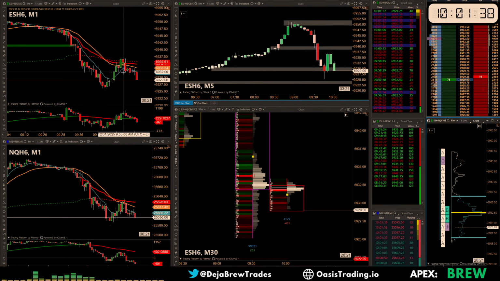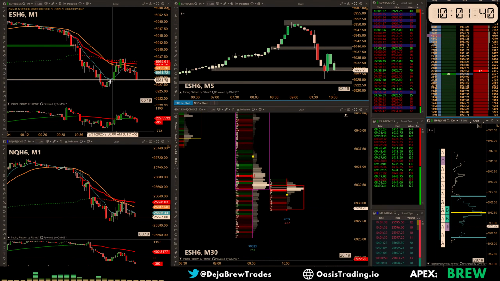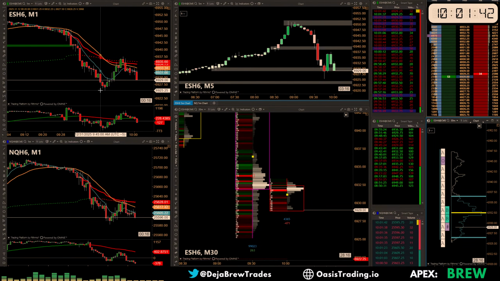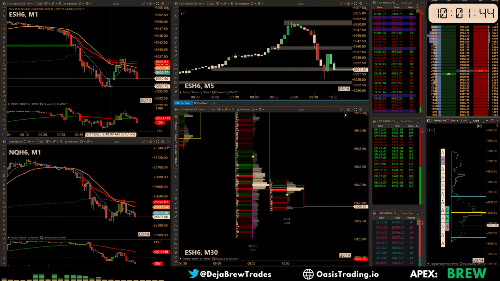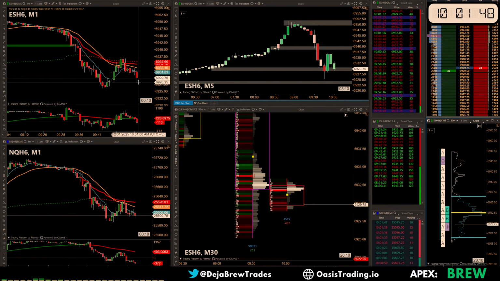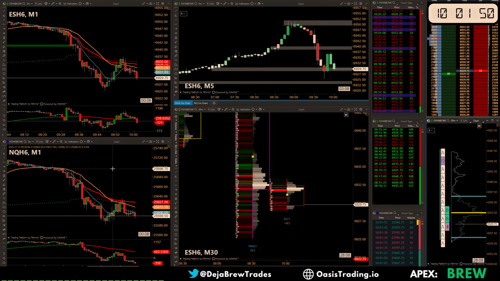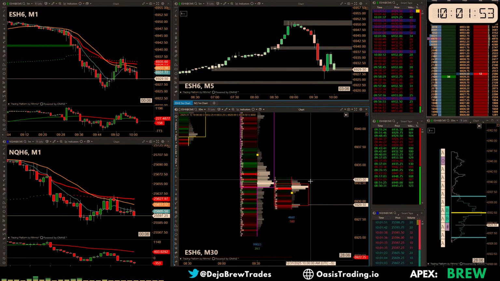Here's that prior low from that little bear flag in the VWAP. It's not a very big bear flag, so it's not offering you too much profit there. But it is just doing the same thing it always does, where it hits that VWAP, then it comes back to the prior low.